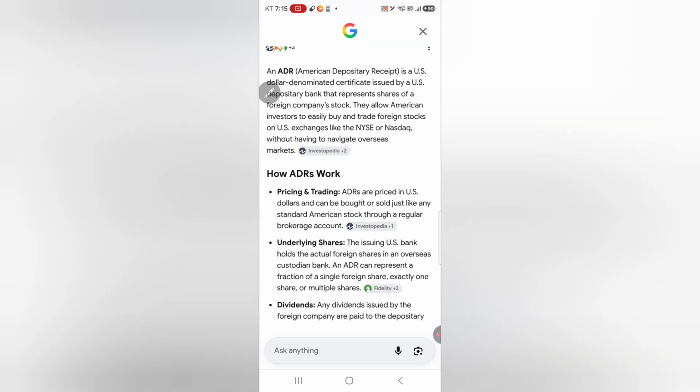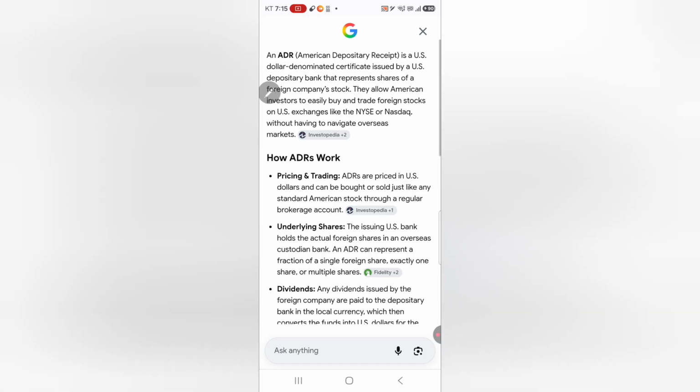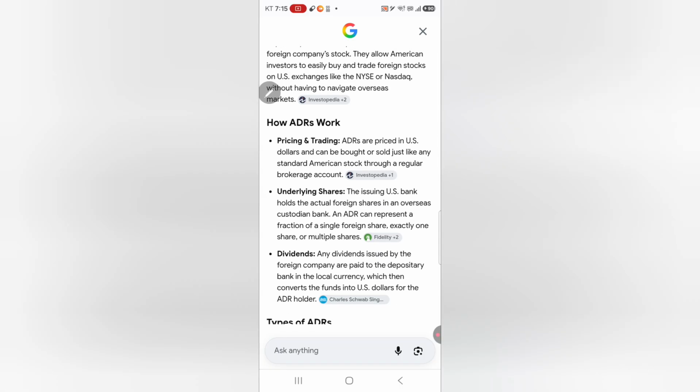How ADRs work, pricing and trading. ADRs are priced in US dollars and can be bought or sold just like any standard American stock through a regular brokerage account. Underlying shares.